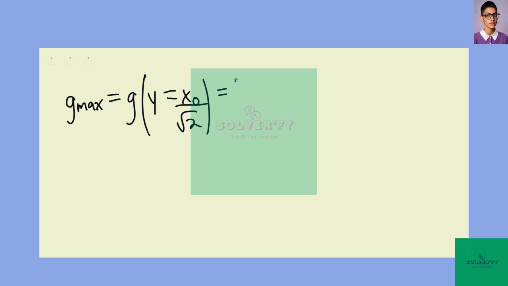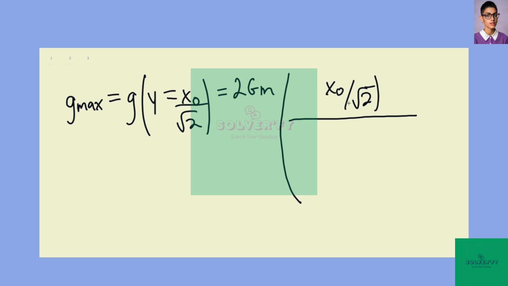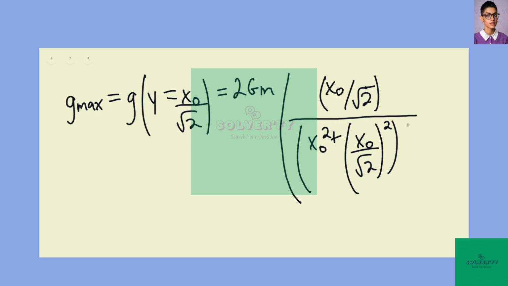And this equals 2GM times x naught over radical 2, and then for the denominator, it'll be x naught squared plus x naught over radical 2 squared, to the 3/2 power.